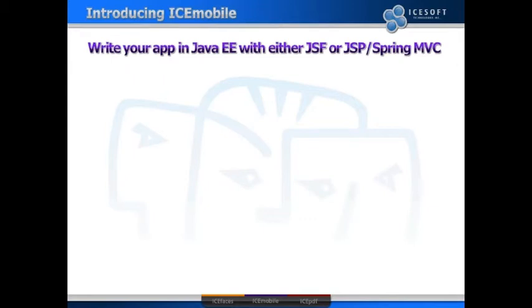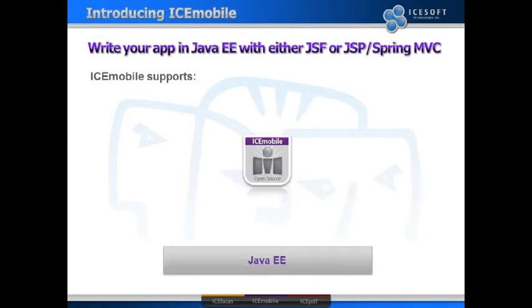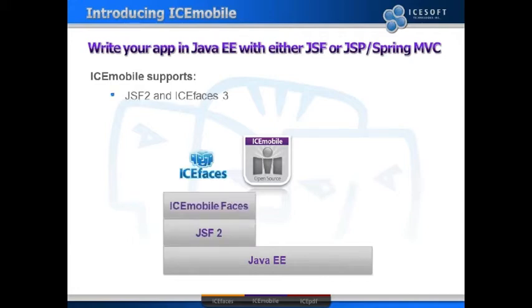Another great feature of ICEmobile is that not only are we cross-platform on the device, supporting iOS and Android and BlackBerry, but we also support multiple platforms on the server. We're Java EE based, as I mentioned, but ICEmobile, that you might not know, has both JSF and JSP libraries, as well as Spring MVC integration.